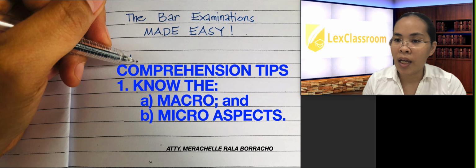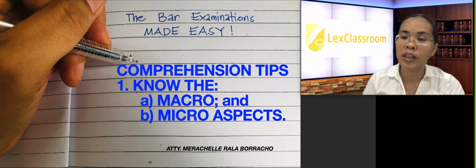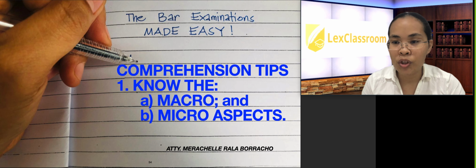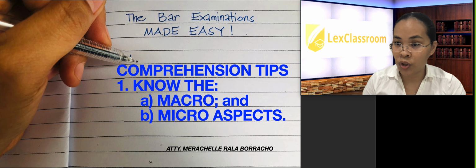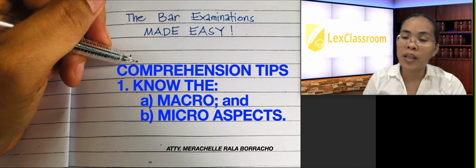Now, the best way to do it would be checking on the table of contents of a law book. You will check the chapter title, which would mean the macro, and the subtopics would be the micro aspects of the law.